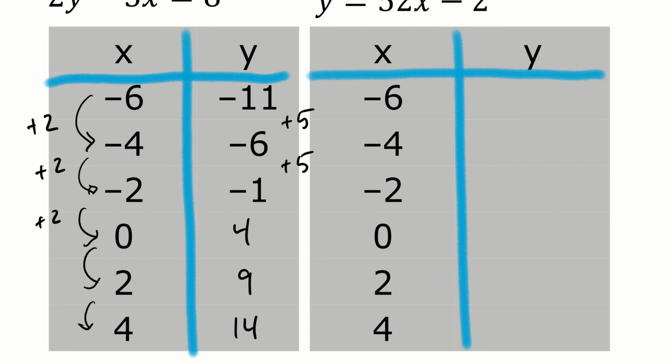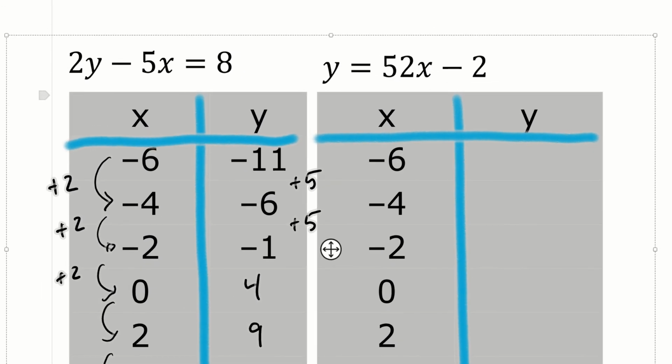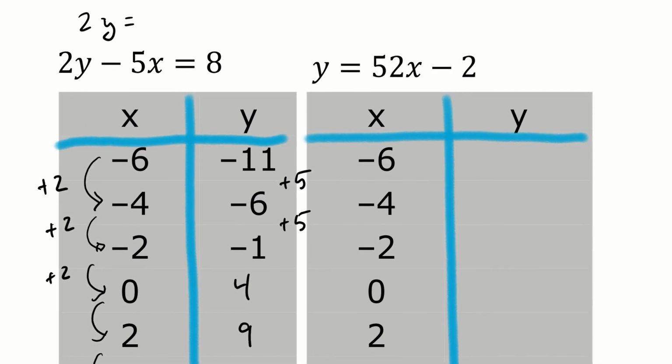So I can see my slope here should be up 5 over 2. And indeed, if I came in here and I changed this equation to 2y equals 5x plus 8, therefore y is equal to 5 halves x plus 4, you can see I can figure out the slope of that equation.